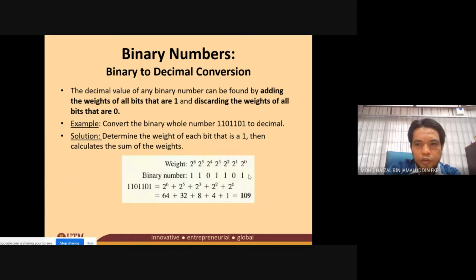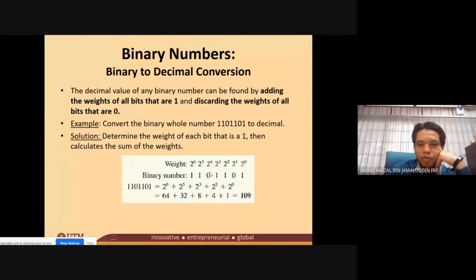So here we can do that by adding the weights of all bits that are 1 and discarding the weights of all bits that are 0. For example, here 1101101. So we just multiply with the weights: 2 to the power 6 times 1, 2 to the power 5 times 1, 2 to the power 4 times 0.